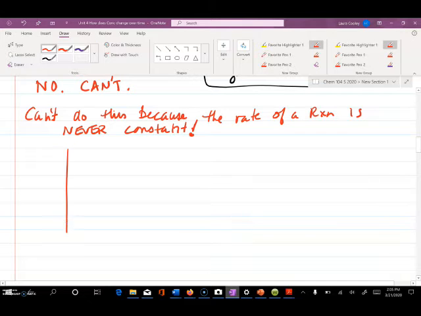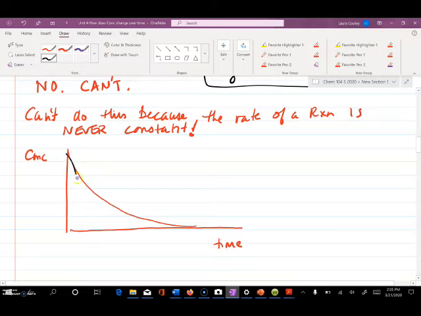Okay, so if you remember back from the very first day where we talked about a graph of concentration of reactants with time, it looks kind of like this. At the beginning, you have a very big slope, a large change in concentration over change in time.